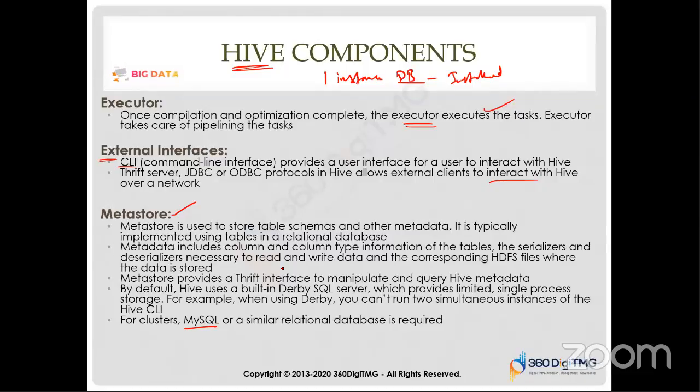All these are production-based databases which will allow you to have multiple instances. So single instance DB basically means when you install your Hive and you're launching Hive in one session, you will not be able to launch Hive in any other session. Nobody on the server will be able to do it because it's a single instance DB, right? For practice purposes, we can use it, and it is called the Derby SQL Server.